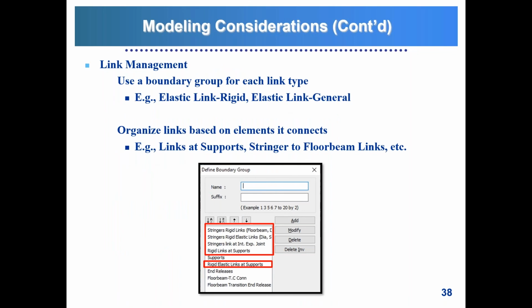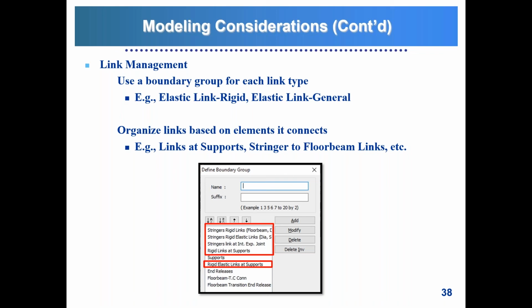The final consideration I wanted to bring up is link management. This is not something that needs to be done, but I have found it very helpful. And again, when dealing with larger models, Midas has boundary groups, so you can assign links to those boundary groups.